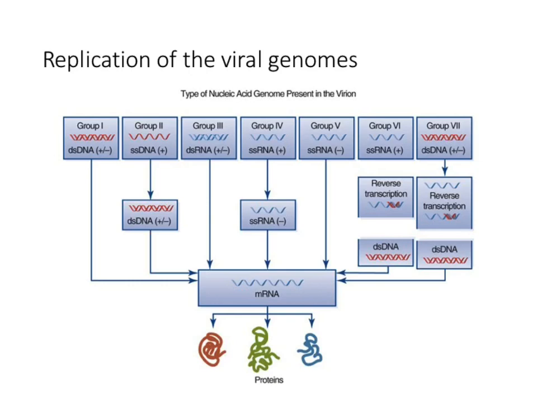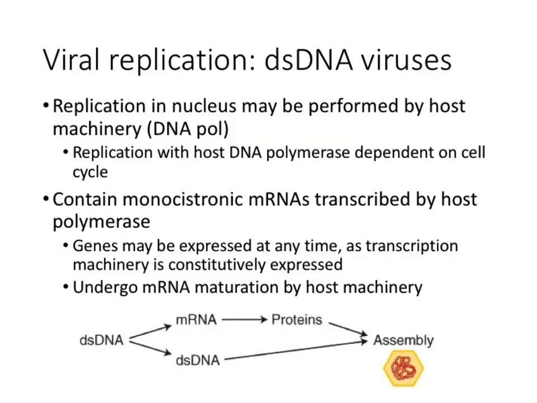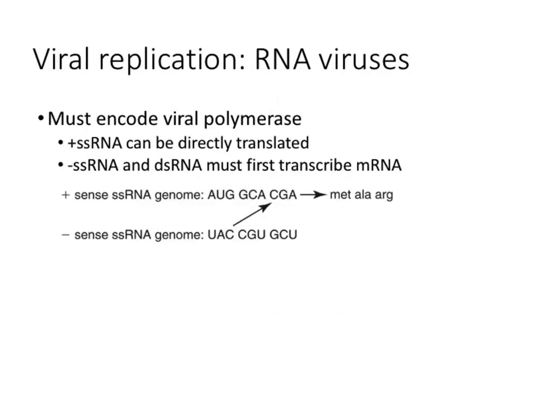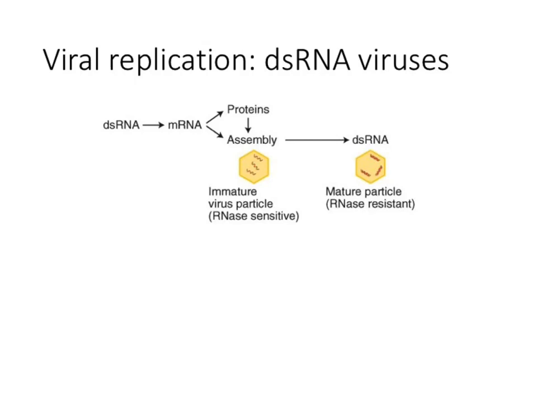The main protein in this process that recognizes double-stranded RNA is a protein known as PKR, or protein kinase R. We'll talk about this later on, particularly with things like poliovirus.